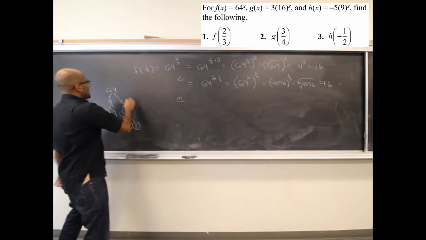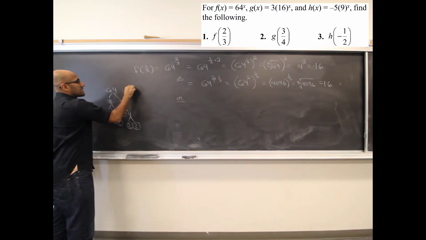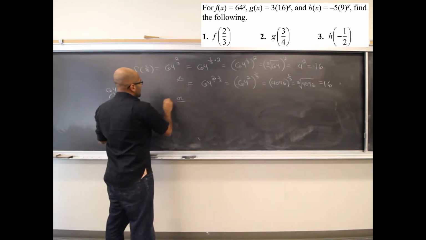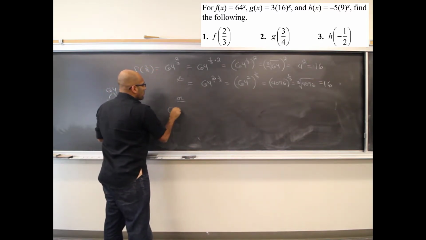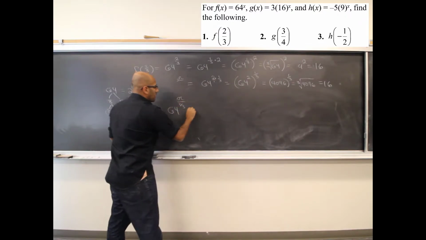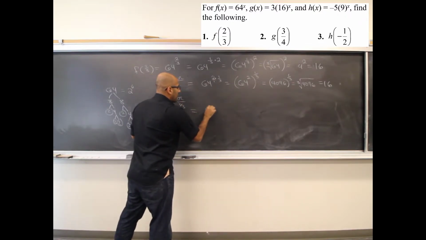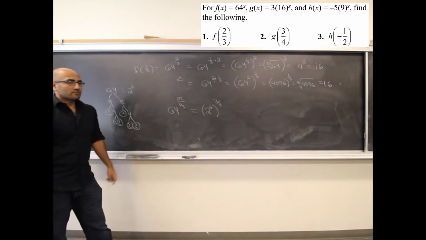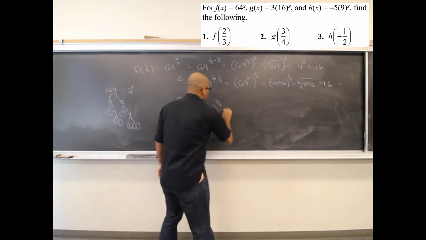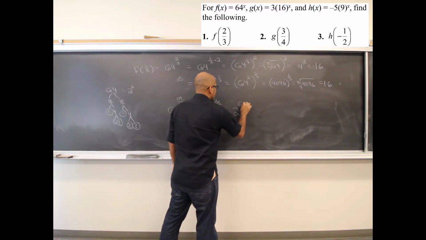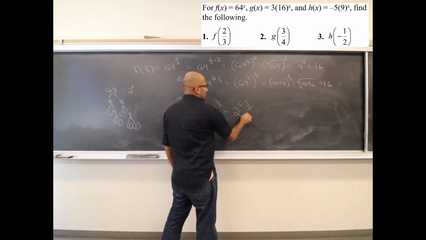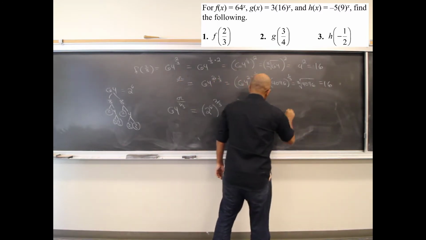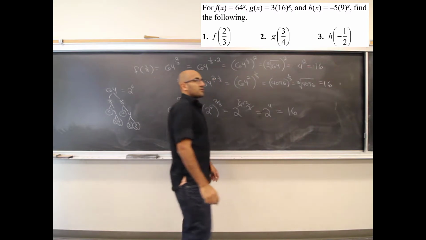Okay, so that means that 64 is equal to 2 to the 6th power. So what I could do is take the 64 raised to the 2/3 power and rewrite it as 2 to the power of 6 raised to the 2/3 power. And now that simplifies into 2 to the 6th times 2 over 3. This cancels with that, giving me 2 to the 4th power, which is again equal to 16. Same answer once again.